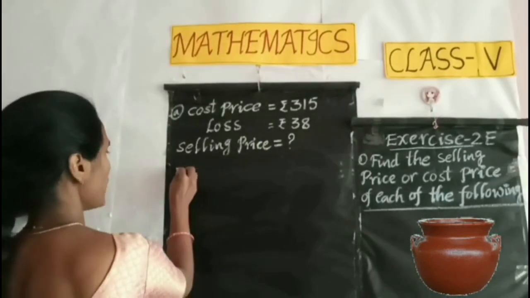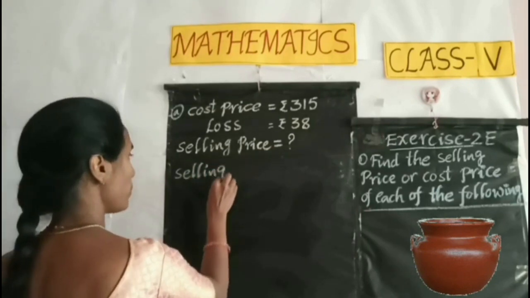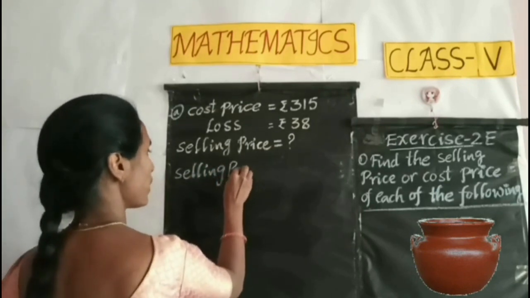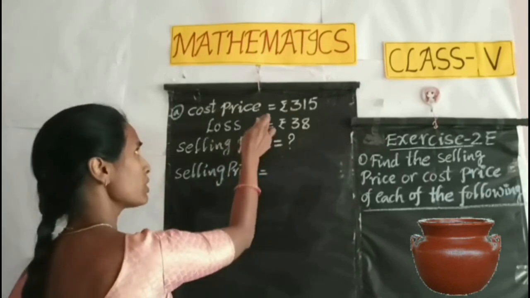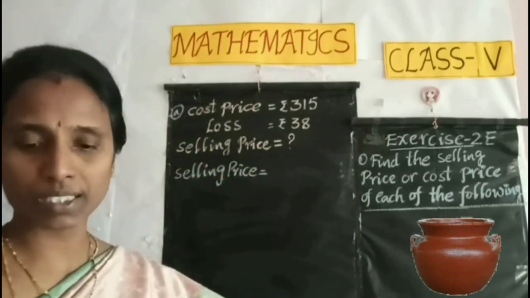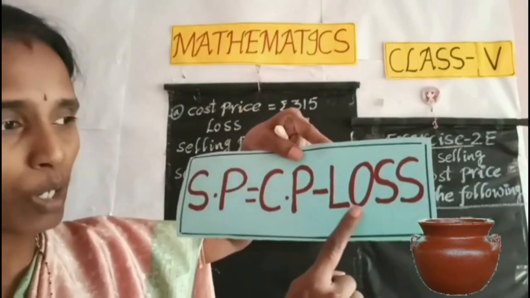So to find selling price, what we have to do, children? When CP and loss are given, to find the selling price, we have to subtract loss from cost price. Look here, children. CP minus loss.